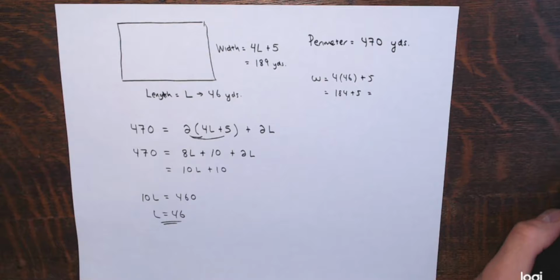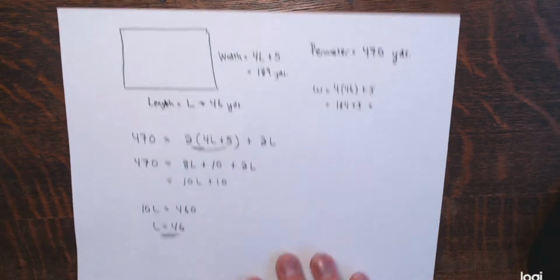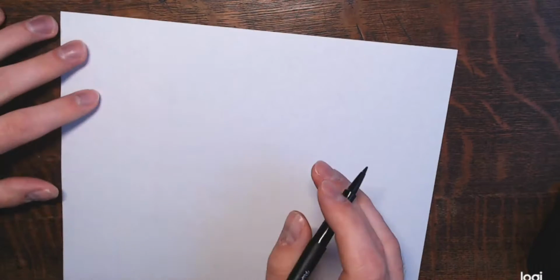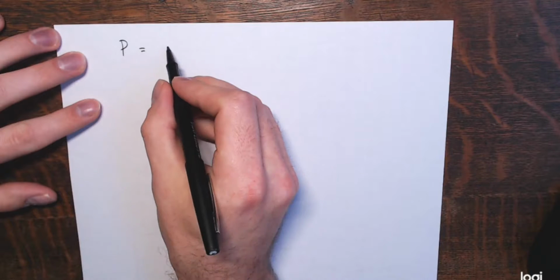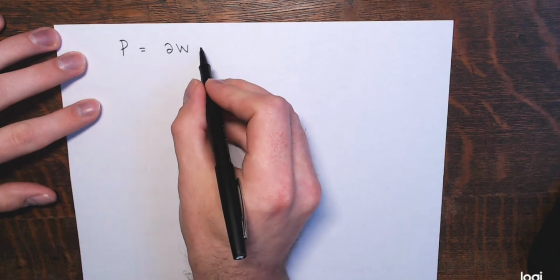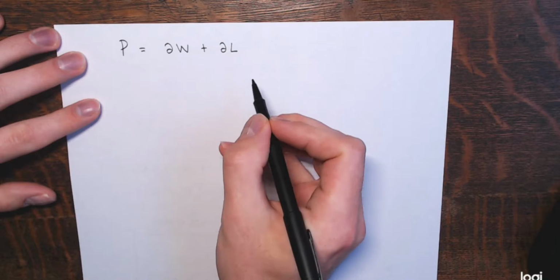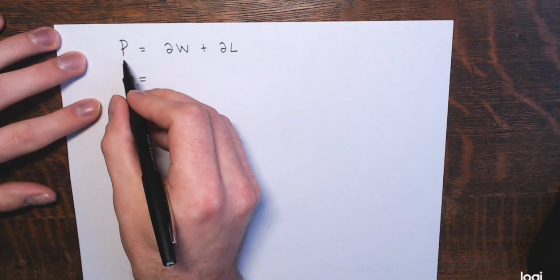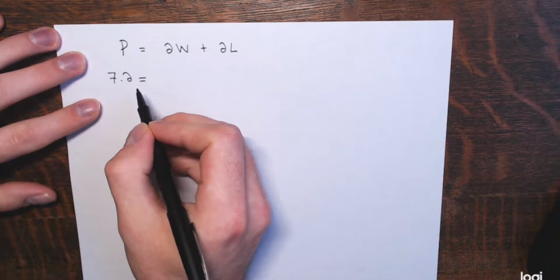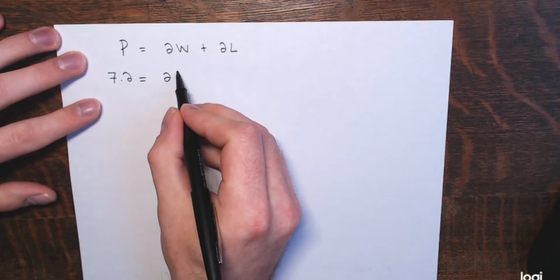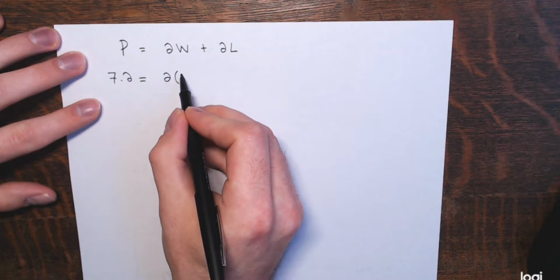This time I'm not going to draw a picture. I'll just use P for perimeter, equals twice the width plus twice the length. And we know the perimeter, they gave us that. That was 7.2 feet equals 2 times the width, which is 1.2 feet.